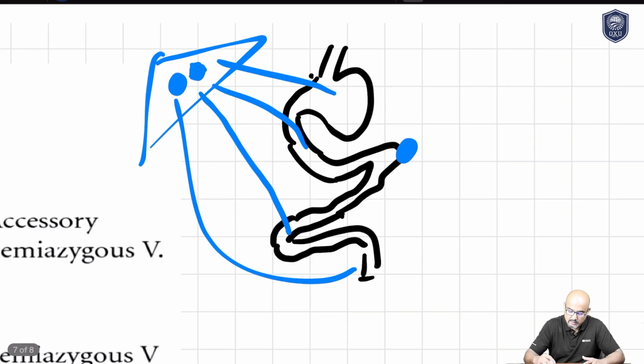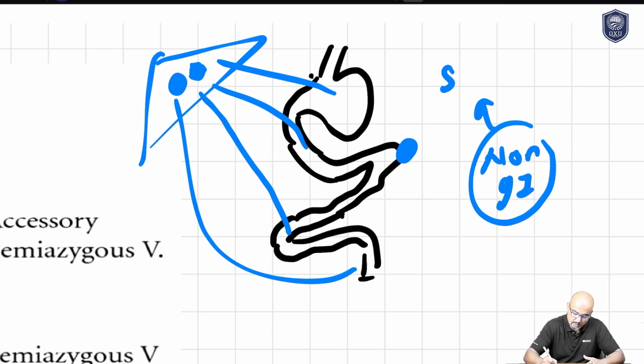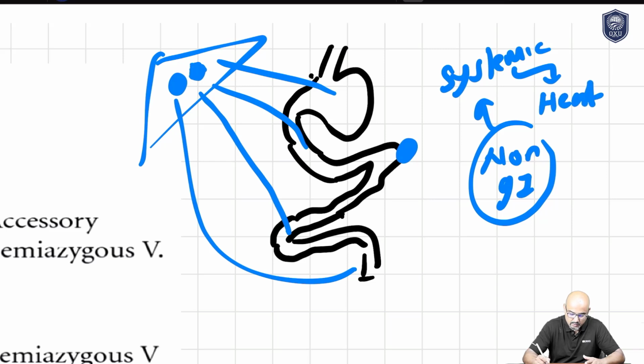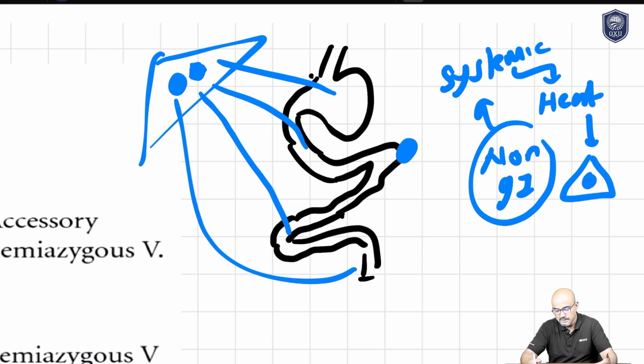Whereas for a non-GI organ like the prostate, the blood goes to the systemic circulation, then to the heart, and from the heart it goes to the lung as a first choice. So any cancer which is not a GI cancer prefers to go to the lung first.